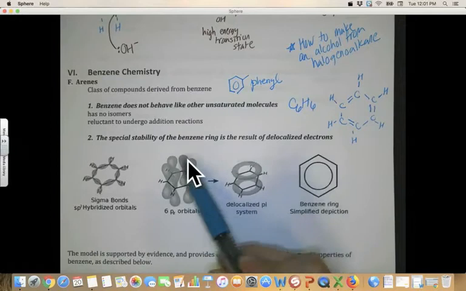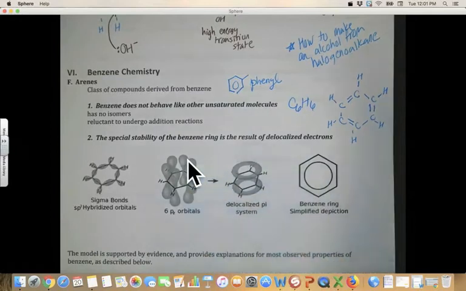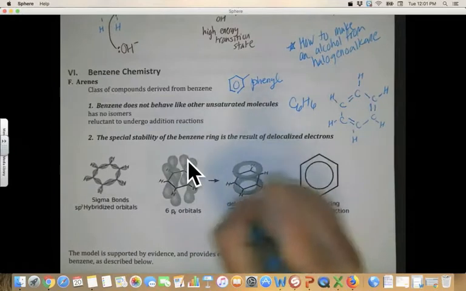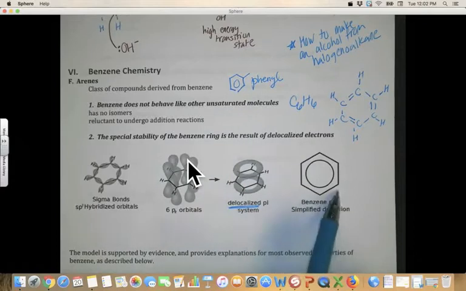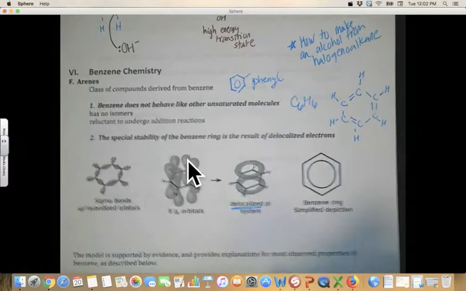And so you have this ring above and a ring below of delocalized electrons. There's a keyword, delocalized electrons. And this makes benzene a lot more stable than it should be. So now hopefully you can see why this gets turned into this as your simplified depiction for a benzene or a phenyl group.